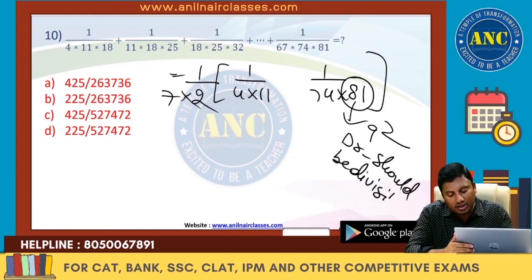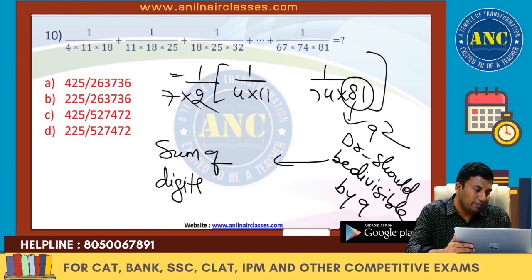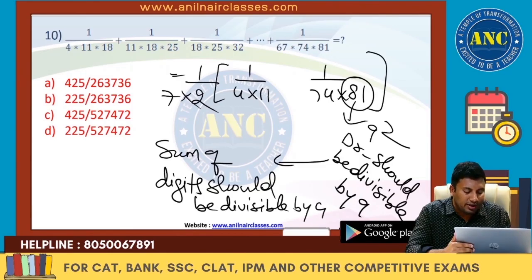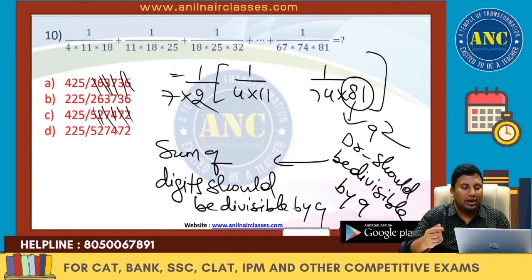Denominator should be divisible by 9 means sum of the digits should be divisible by 9. If it does not work, I will go to 6 plus 3, 9, 7 plus 2, 9, 6 plus 3, 9. Oh, 7 plus 2, 9, 5 plus 4, 9, 2 plus 7, 9. All the denominators are divisible by 9.